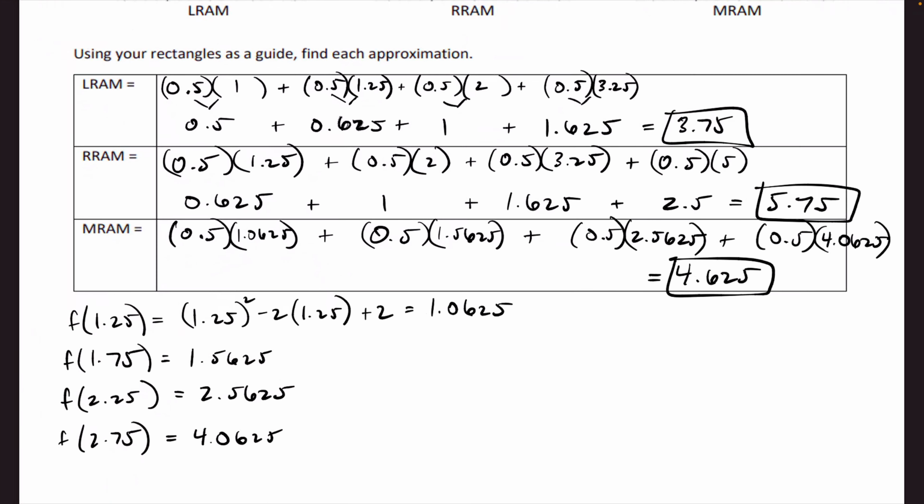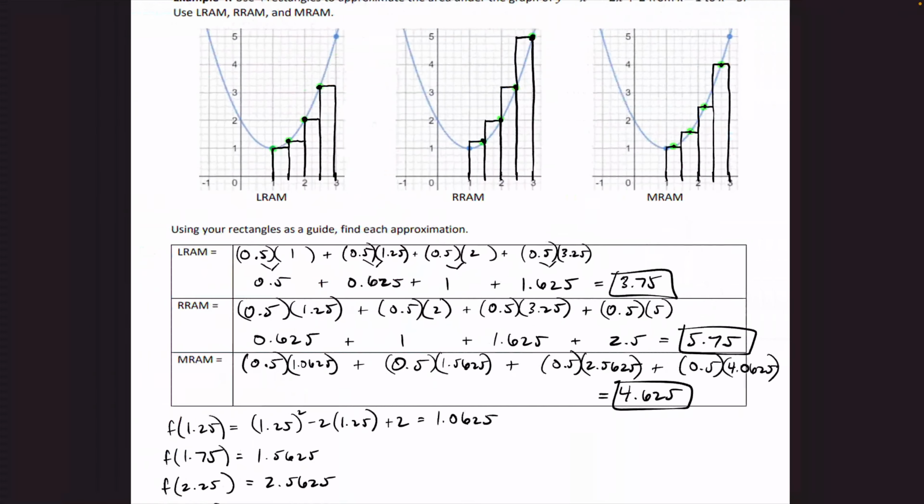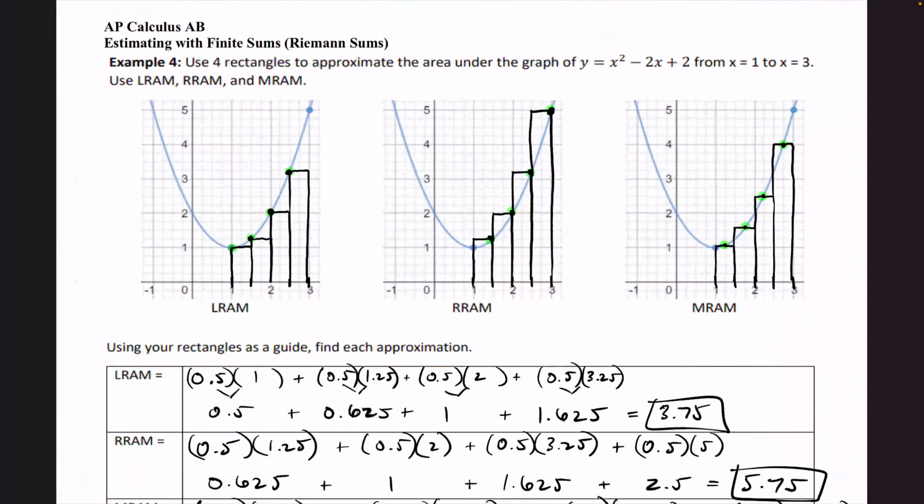Okay, so look at them. Which one do you think is the most accurate to the actual answer? It could be MRAM, right? Pretty obvious. MRAM's the closest.